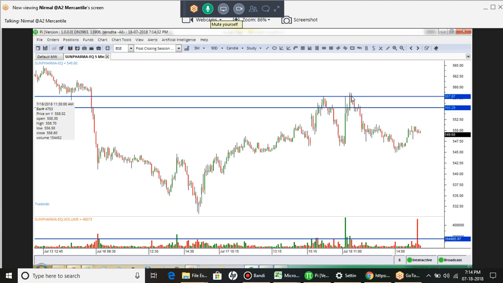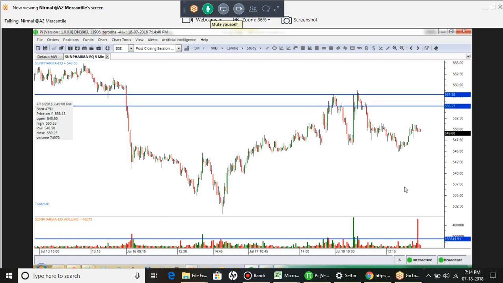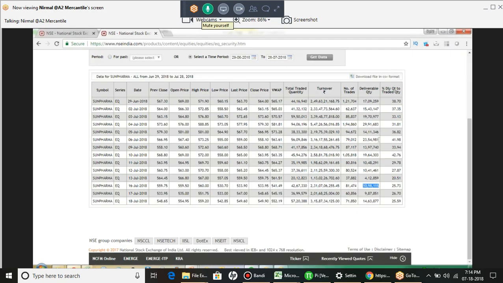This is the reason when it went here, people started shorting it. It came down over here, they were further shorting, and the price was trying to go down. Whenever you are looking at a stock's trend, try to draw the lines around the important areas.